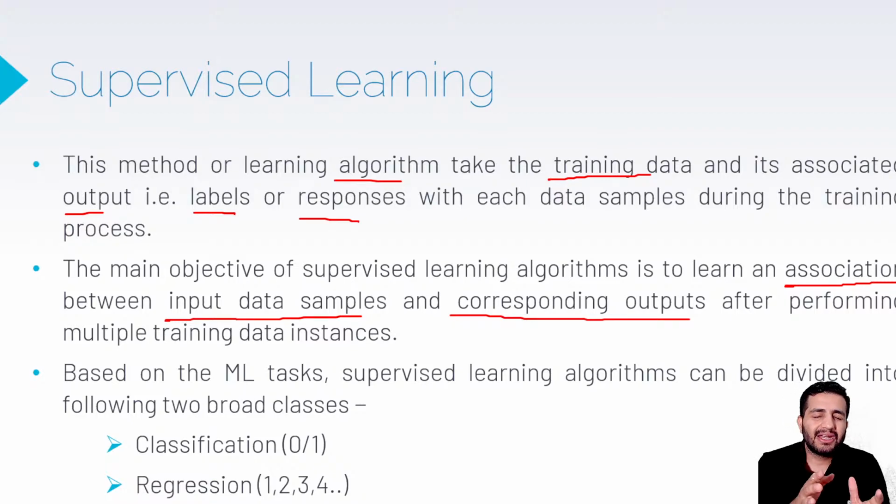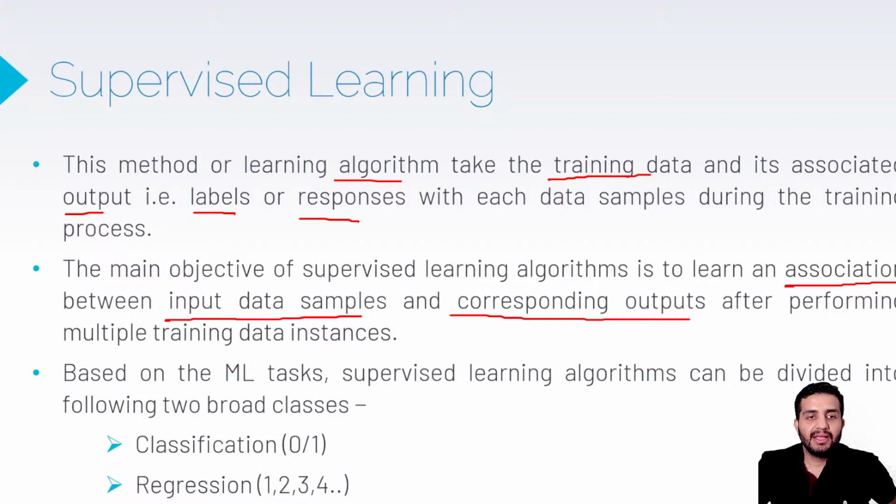Once we have identified the right set of patterns, how exactly are these patterns linked with my input samples? What exactly are we trying to find out? This input data sample pattern should correspond to my output. And that is where supervised learning comes into the picture.